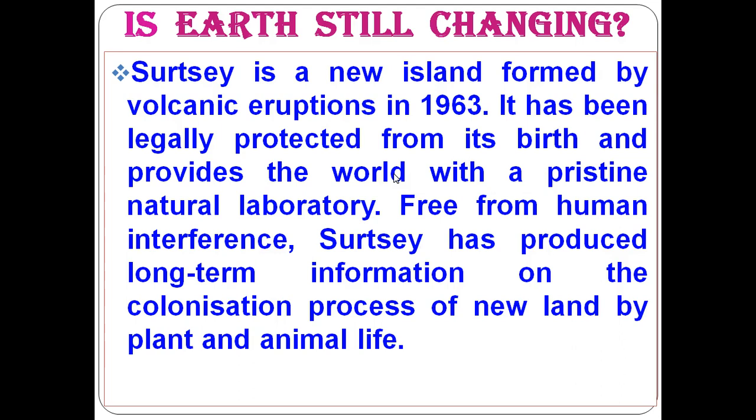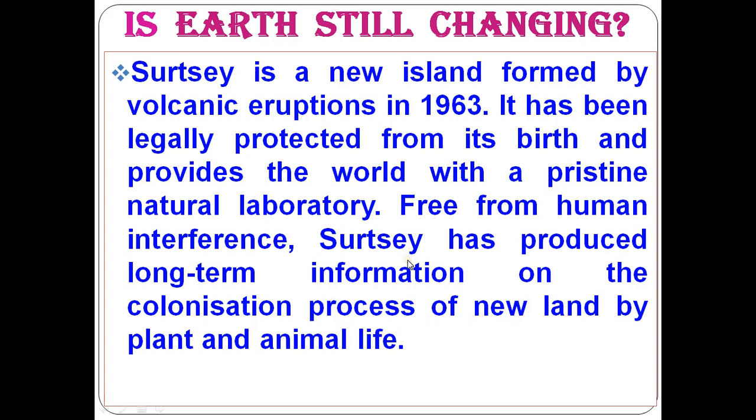Now let's talk about how Surtsey Island has been formed by volcanic eruption. Surtsey Island is a new island formed by volcanic eruption in the year 1963, and it has been legally protected from its birth and provides the world with a pristine natural laboratory. Here it is free from human interference. Surtsey has produced long-term information on the colonization process of a new island by plant and animal life.